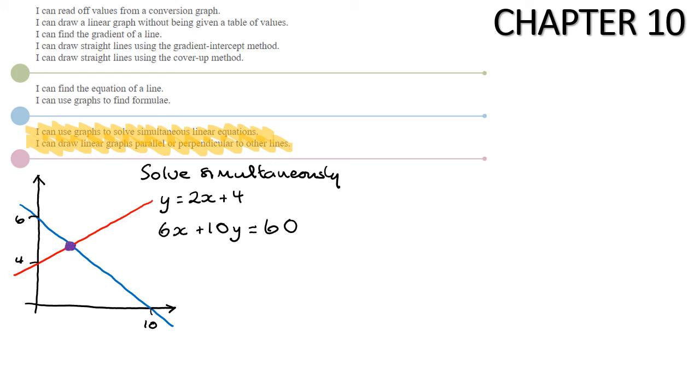So you find this point here, you work out what that coordinate is, you would just read it off like this, find out what those numbers are. I don't know what they are. I don't want to guess in case they're wrong. So you actually find the coordinate where the two lines cross.